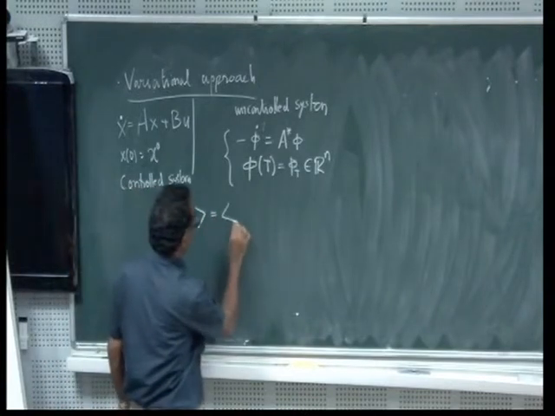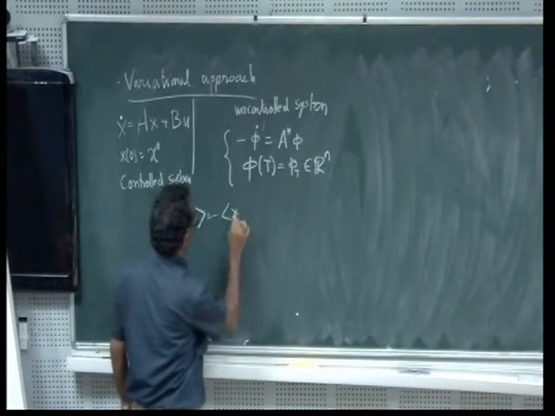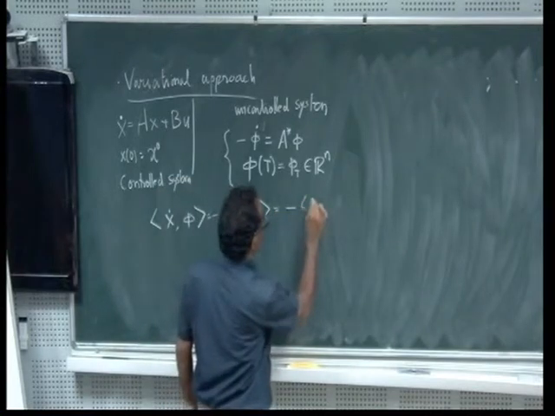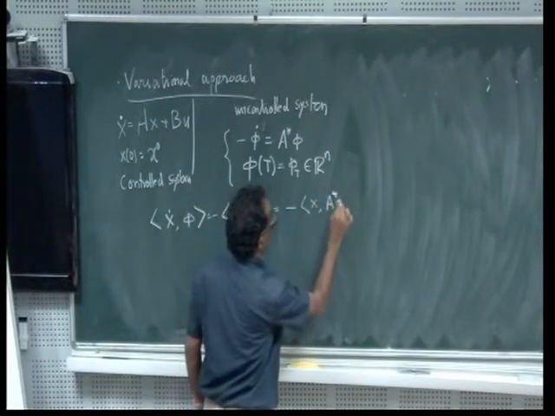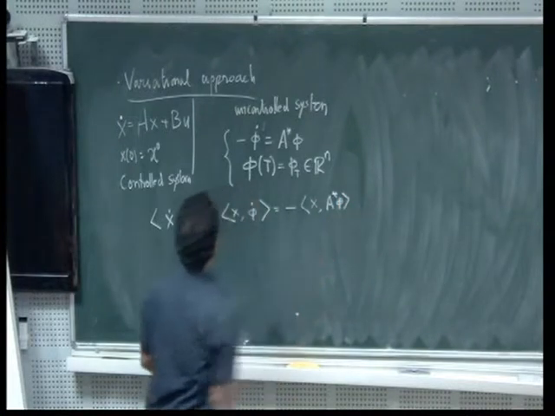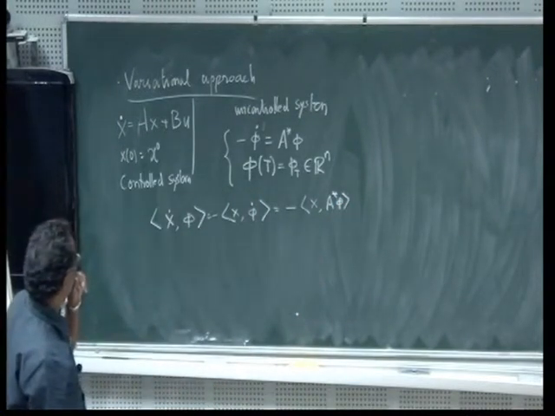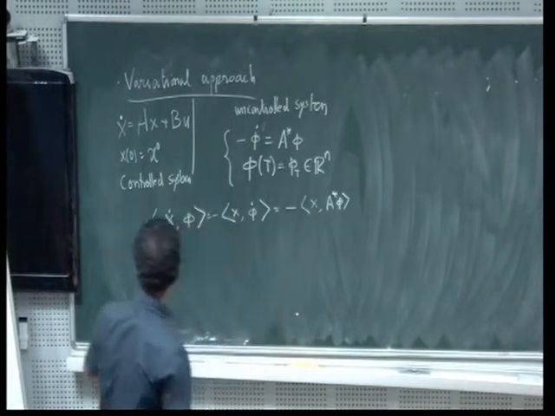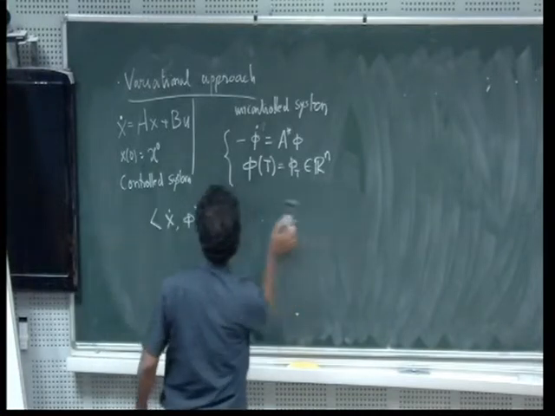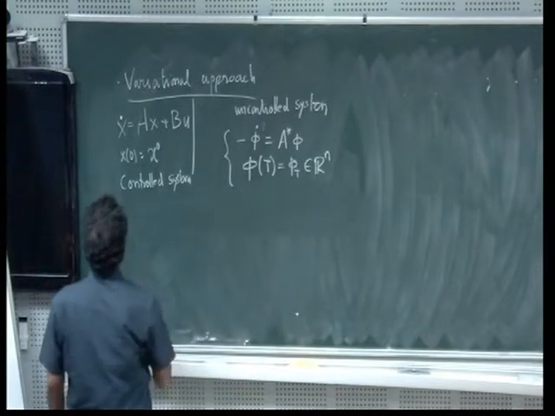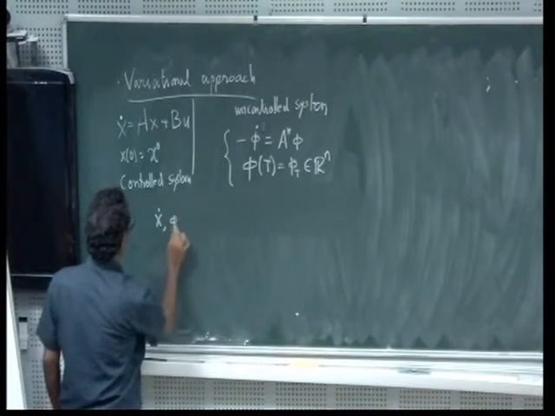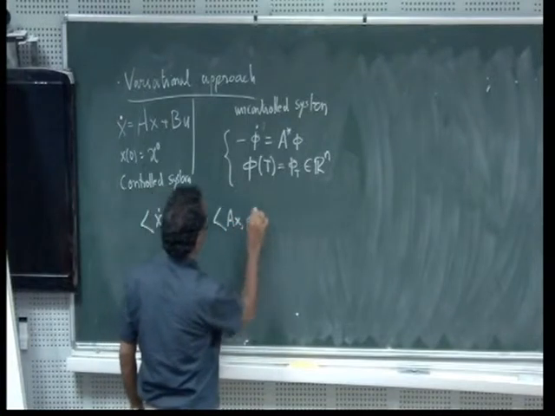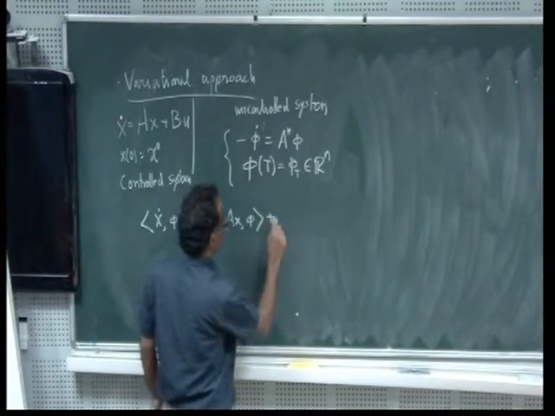This is by definition minus x of phi dot, and that is equal to minus x of A star of phi. There is something lost. No. Oh, x dot of phi is what? Ax phi. I am missing my control. What do I do? Bu phi.